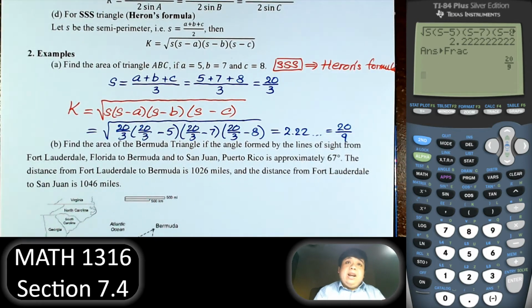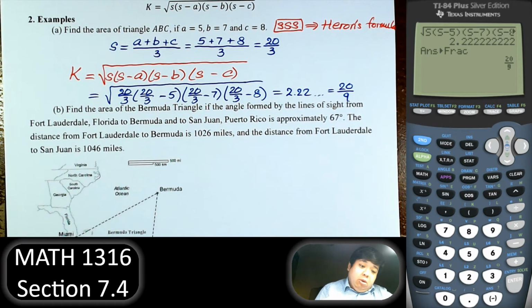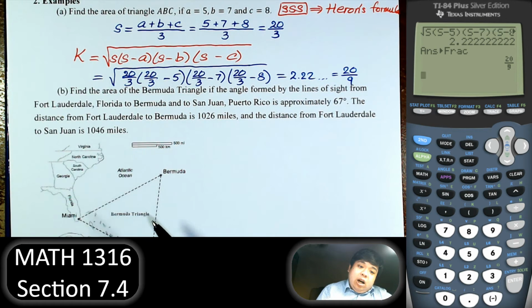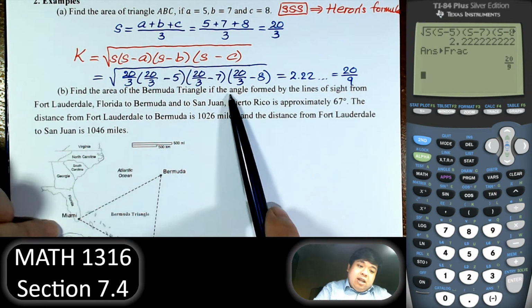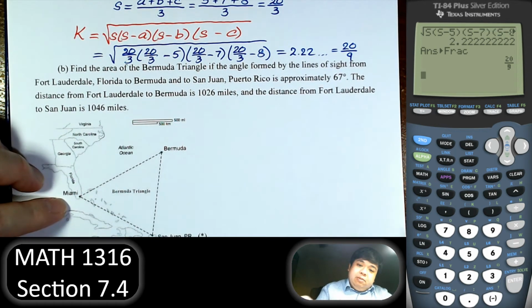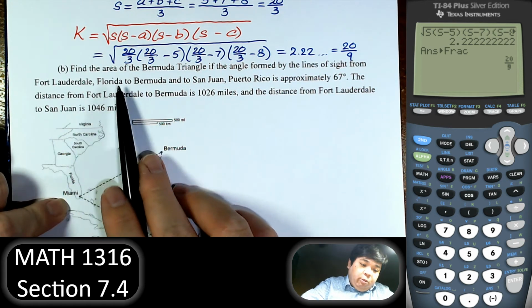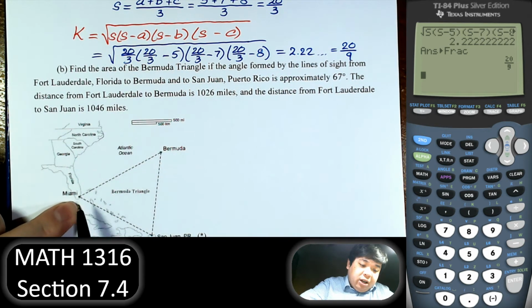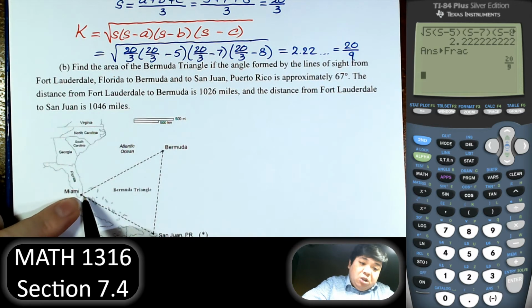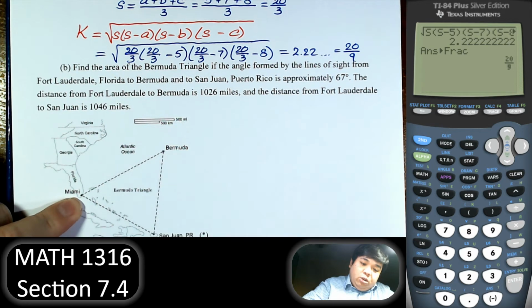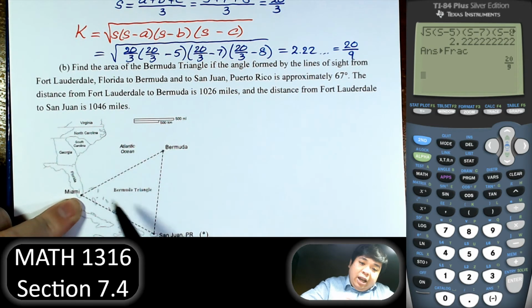Right. Next, an application from Bermuda Triangle: find the area of it if from Fort Lauderdale, Florida, or Miami, close enough, which is here, to San Juan, and to what is the other point?